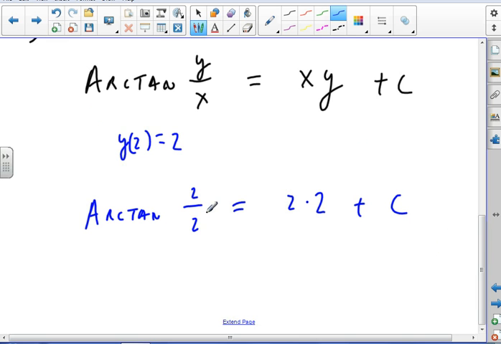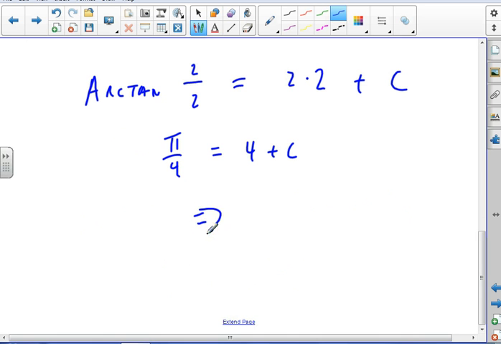Now, what's the arctangent of 1? Arctangent of 1. 45 degrees, right? Tangent of 45 degrees is 1. Arctangent of 1 is 45 degrees. So this would be pi over 4 is equal to 4 plus c, which implies very strongly that c is going to be equal to pi over 4 minus 4.